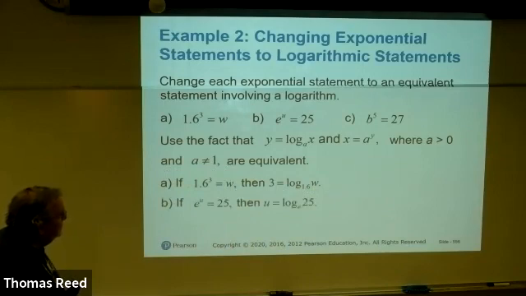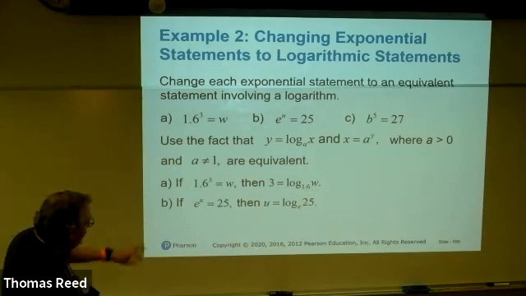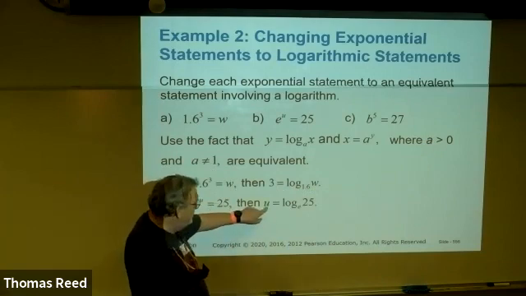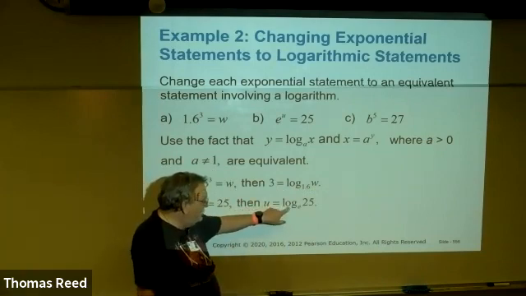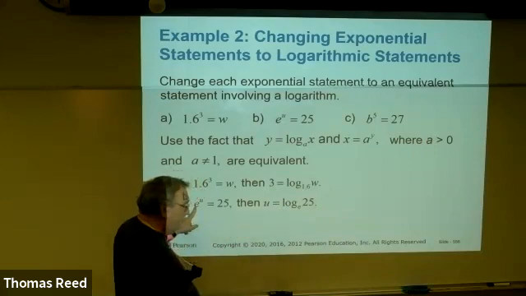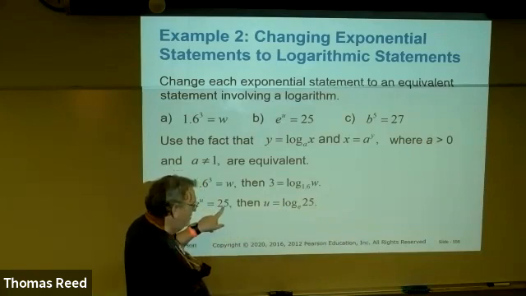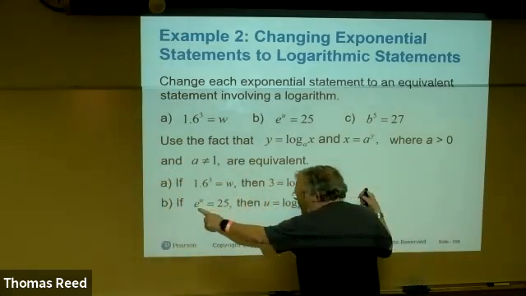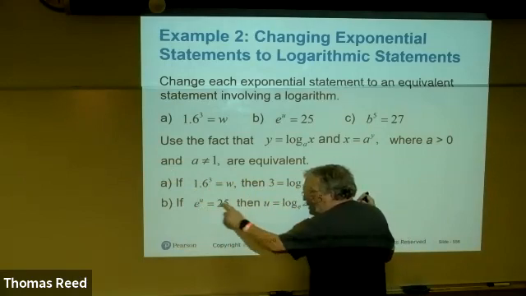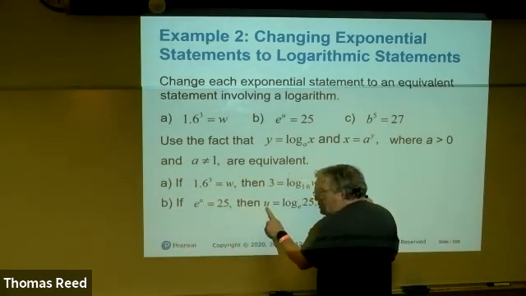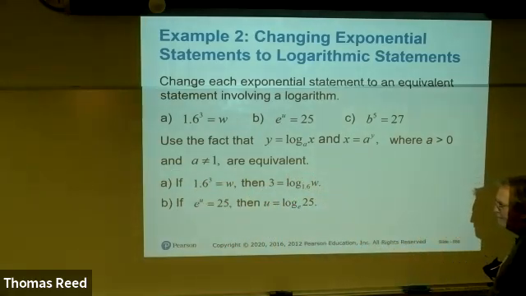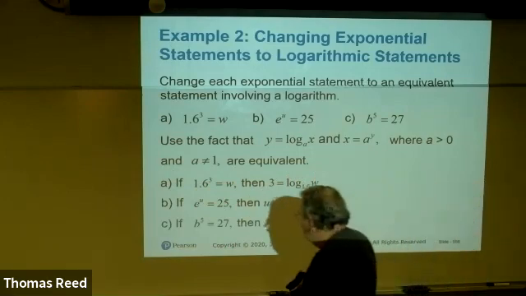Same thing with letter B, e to the u. The u is the exponent that equals the log base e of 25. So the 25 is the argument of the log, e is the base of the log, and the u is what the log equals, because the u is the exponent. b to the 5th equals 27.